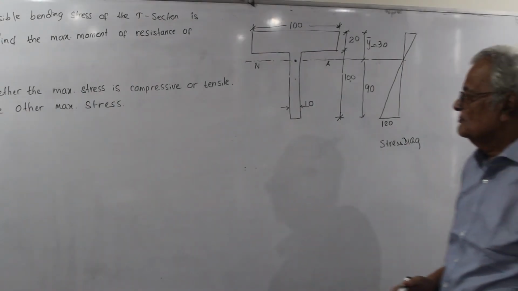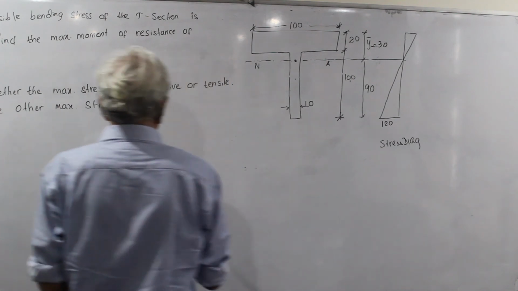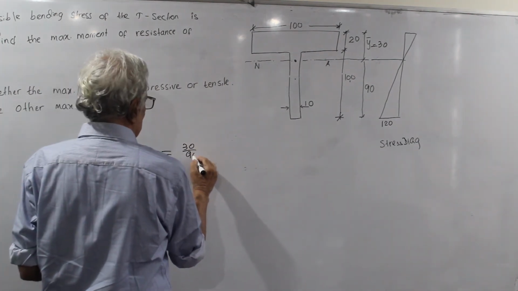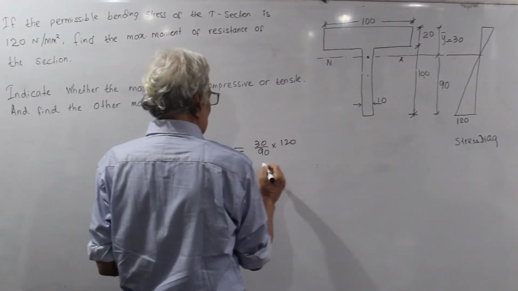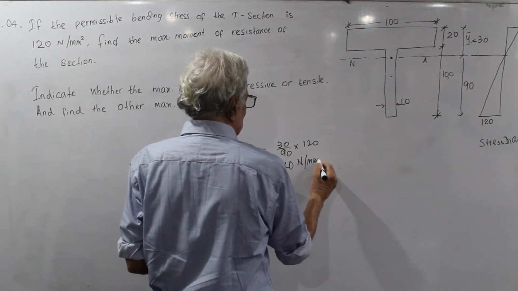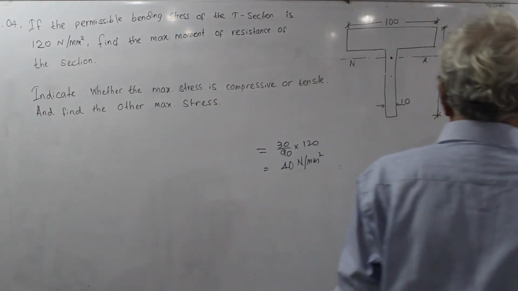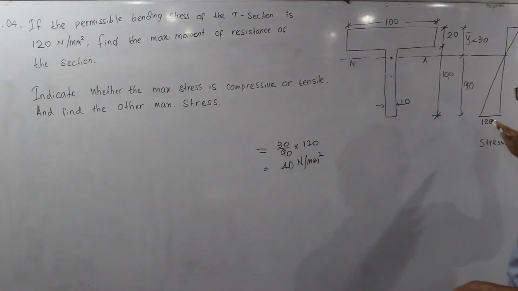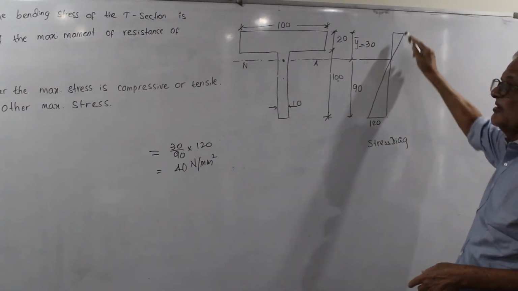The other maximum stress therefore is at the top and equals 30 over 90 into 120, which is 1/3 of 120, and is tensile. In a cantilever the bottom is in compression, and this is the maximum stress.